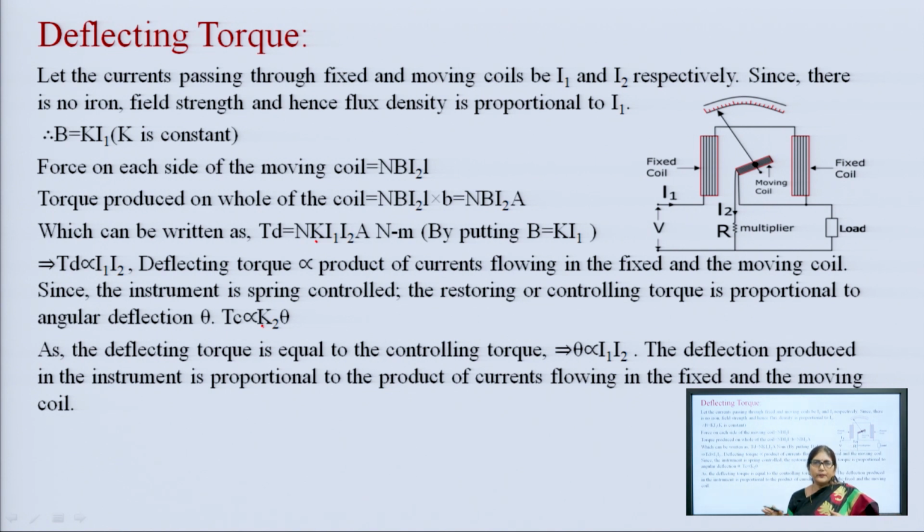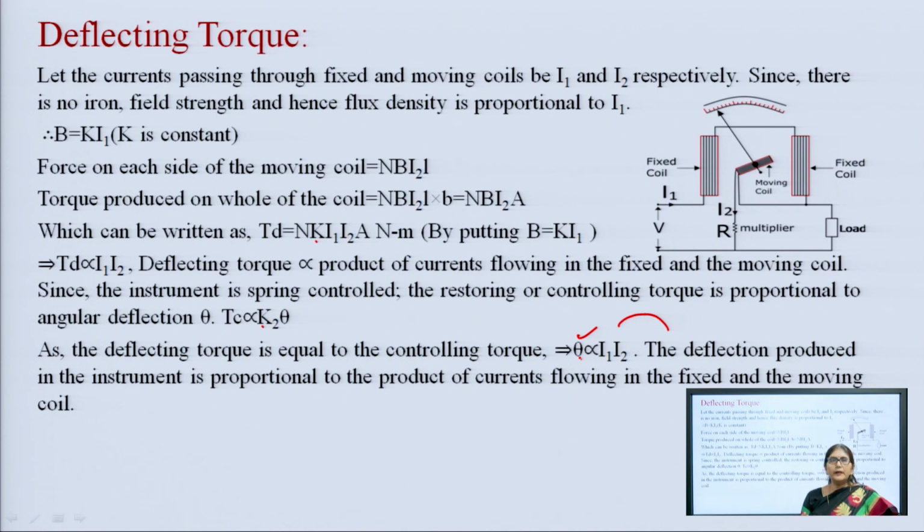When the equilibrium state appears, only then will the pointer stay at that position. That means the controlling torque and deflecting torque are the same at that point. So, theta, the movement of the needle, will be proportional to I1 and I2.